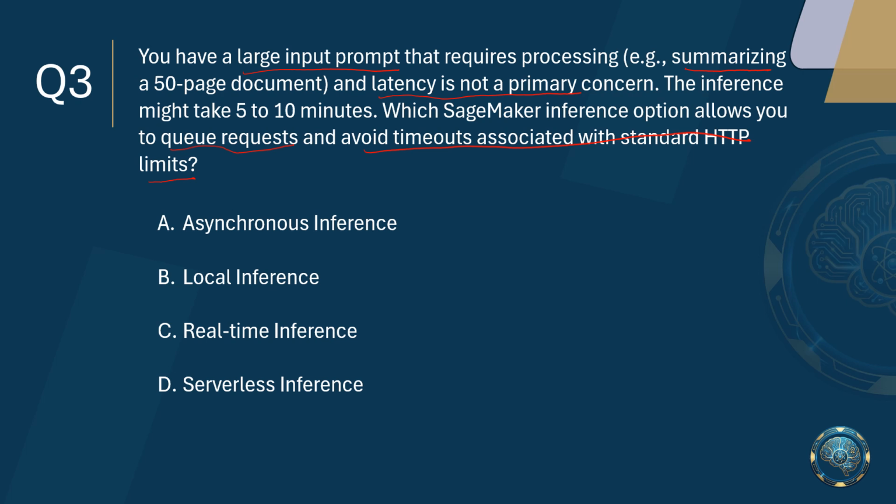Before we jump into the details of the question, let us directly look into the options and see if something can be struck out immediately. Asynchronous inference, let us keep that on hold for a minute. Let us move to option B, local inference. The question is not talking about a development environment or running a program on a local machine, so local inference is a wrong option.